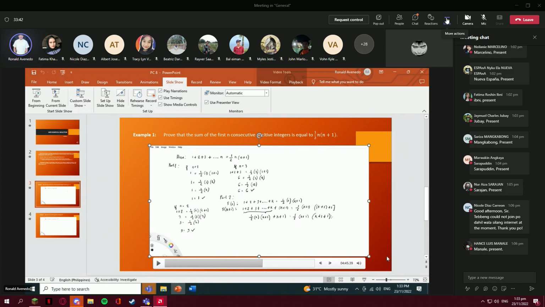Look at the k plus 1 equation. Sige, tanong kung mayroong tanong kasi yung part na yan ay medyo confusing na.